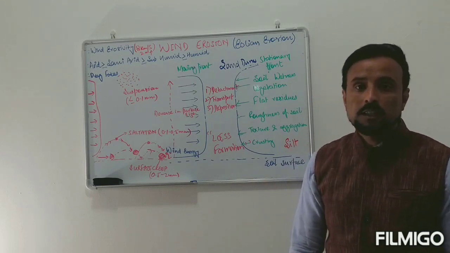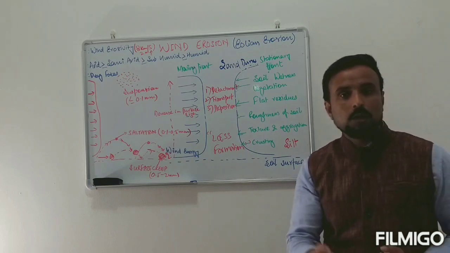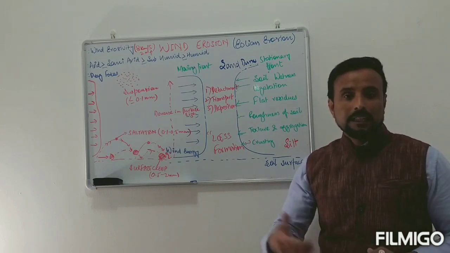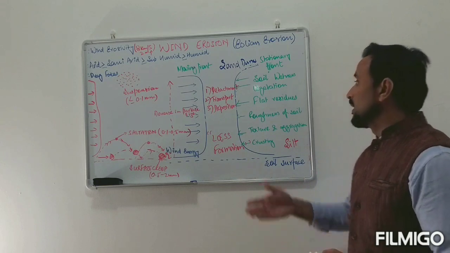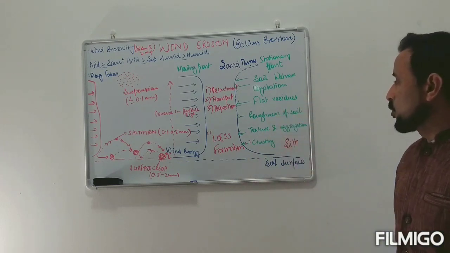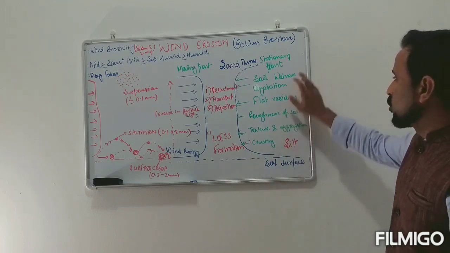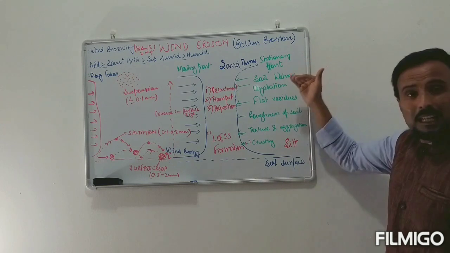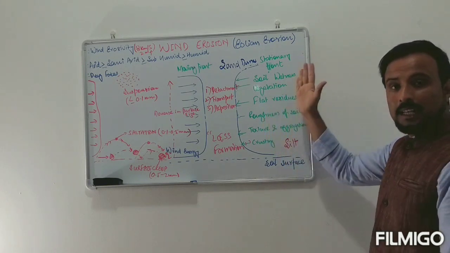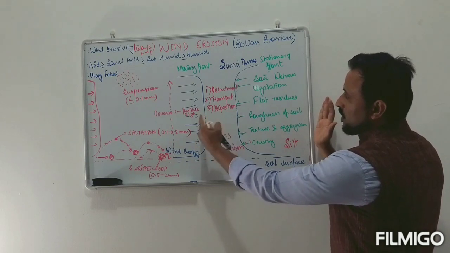Those forces are basically the natural ability of soil, the soil properties: aggregation of soil, flat residues present in the soil, roughness of soil, texture and aggregation of soil, crusting of soil, soil wetness and vegetation. These are the forces that resist the force of wind.